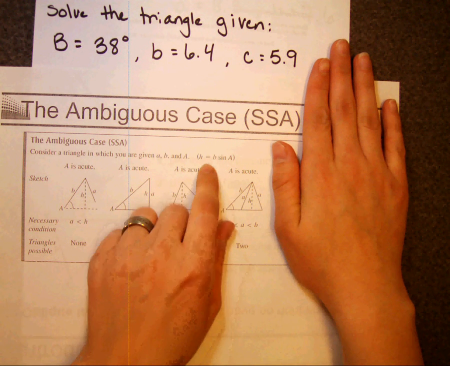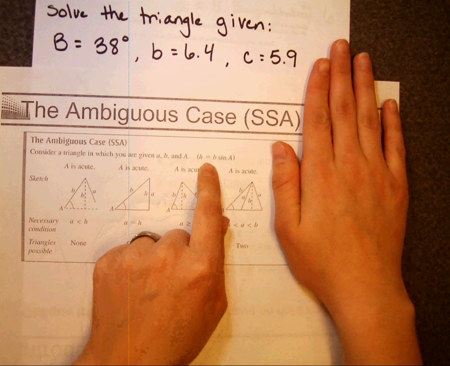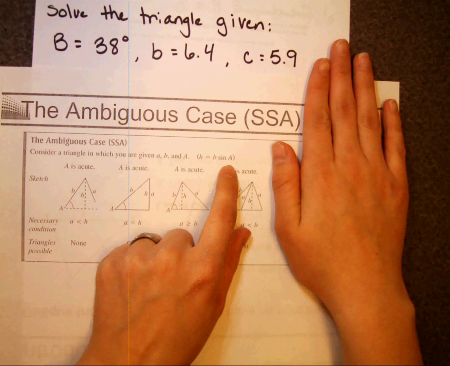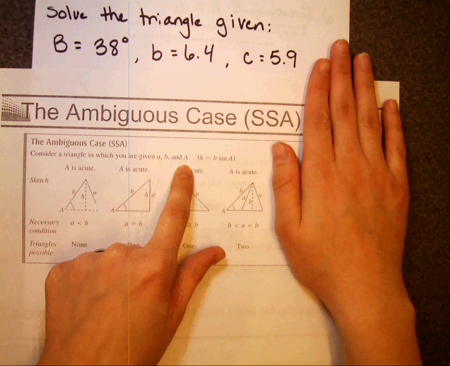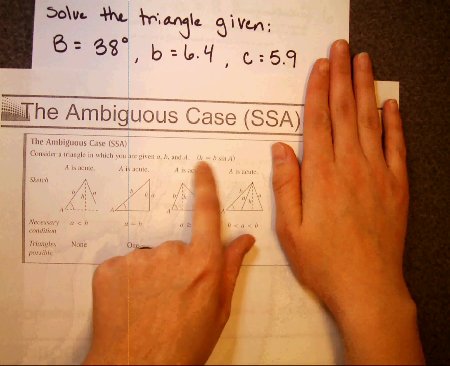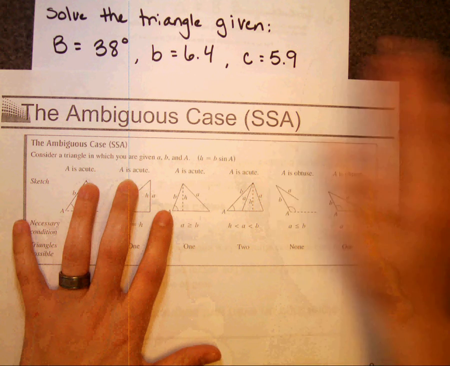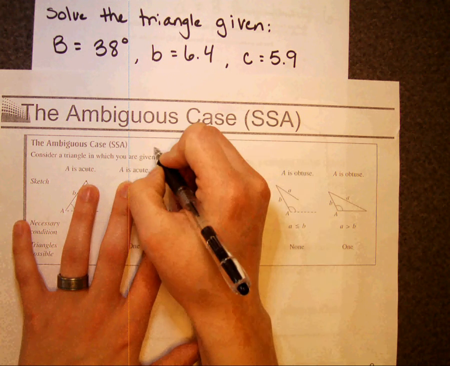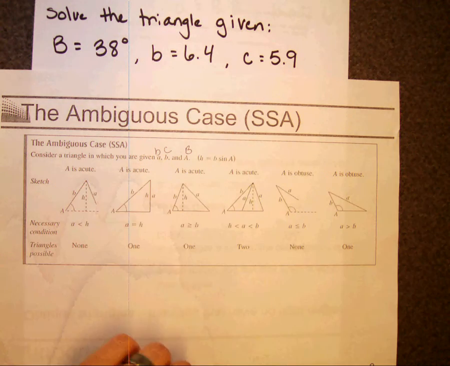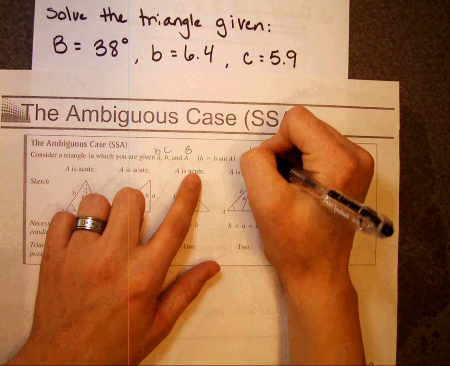Notice in the comparisons I used this value h, so I need to know what h is equal to. This says h is equal to b sine of A, but that is if I'm given side AB and angle A. So this is going to change depending on the information that we are given. We're given angle B, side b, and side c.